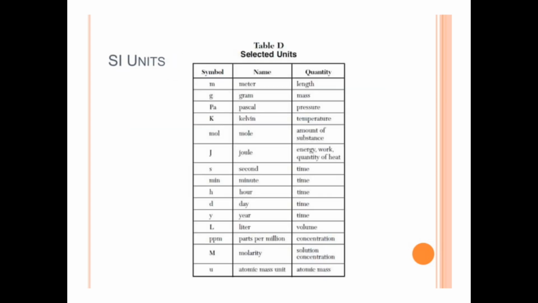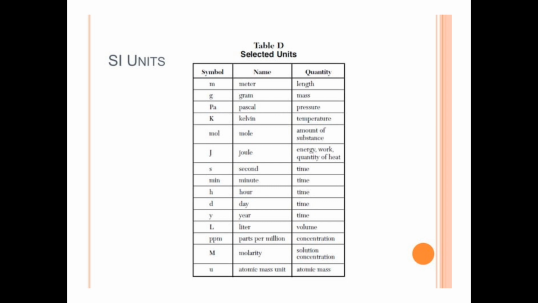Okay. Now, let's quickly look at selected units. We have the meter for length, the gram for mass, the Pascal for pressure. You can also have ATM, that's atmosphere, for pressure as well. It's one of the accepted SI units.